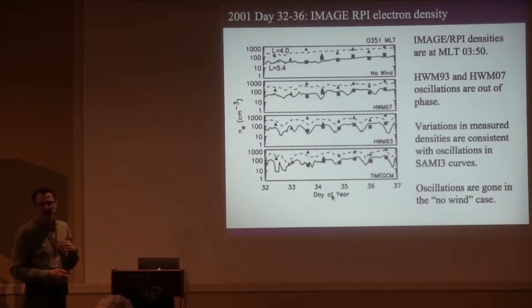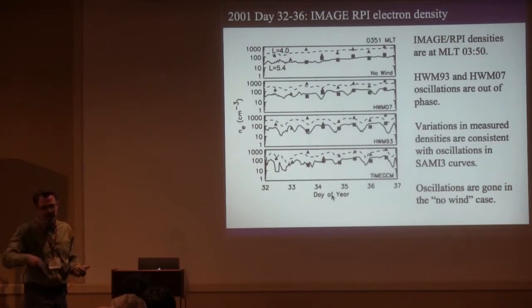So with no wind, it's all very flat. We have a round plasmasphere. With HWM07, which is another empirical model, you get these wiggles. With 93, you get different wiggles, and with time GCM, you get different wiggles. The size of the wiggles is about the size of the variations in the densities. But if these daily oscillations are there in the actual data, it's not resolved.